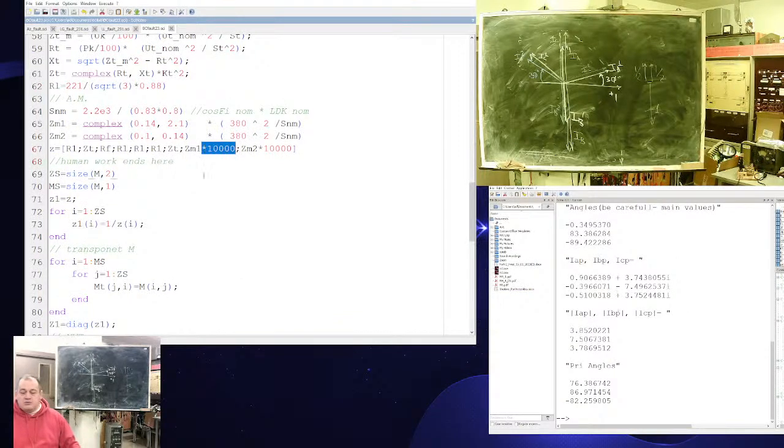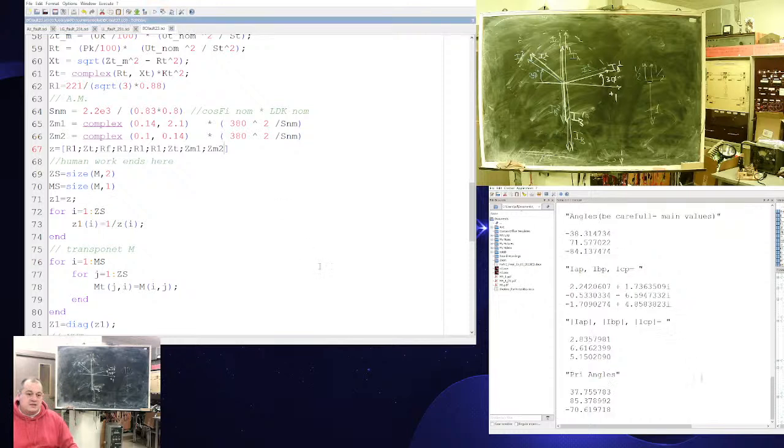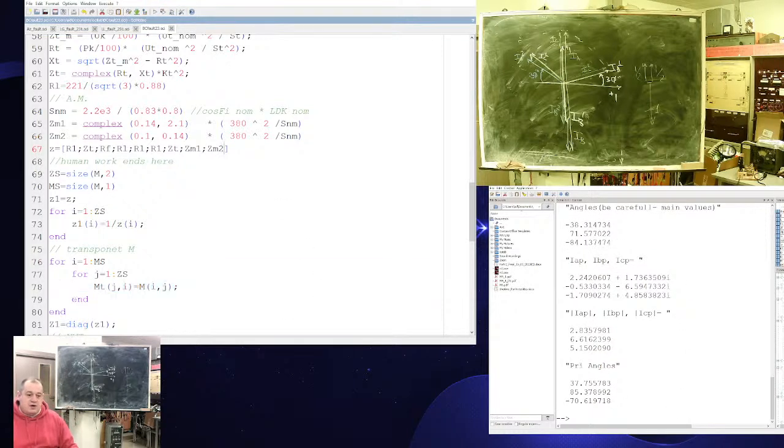Here I use 10,000 to switch motor out. Now motor will go in. Calculate. Yes. Now it's my asynchronous machine.